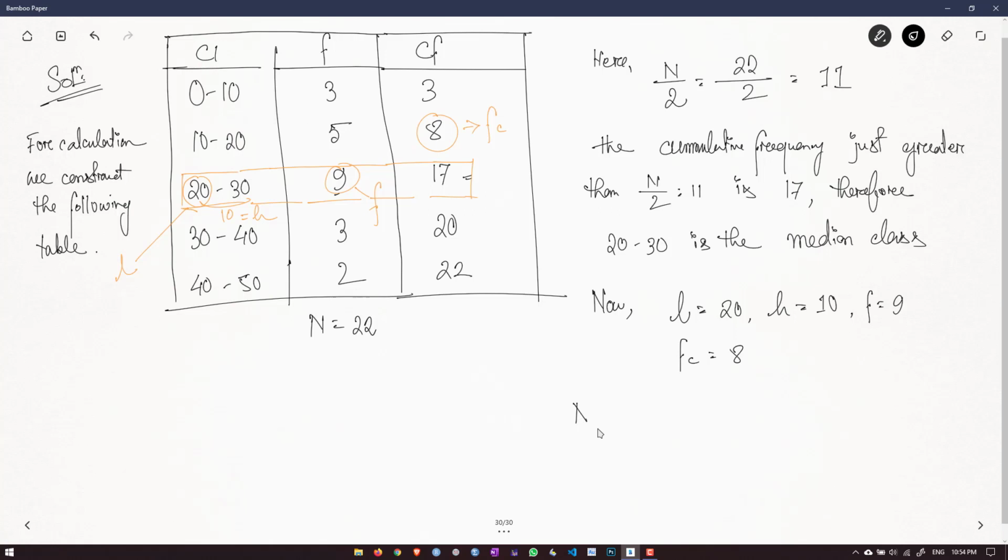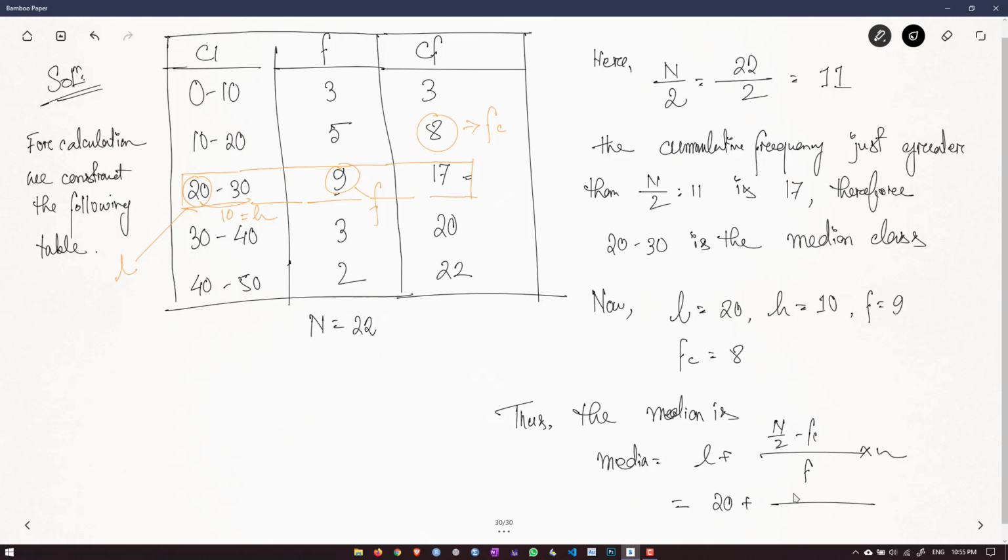right? Therefore, median is equal to, what is L? It is 20 plus, let me write down the formula. Thus, the median is equal to L plus (n by 2 minus FC) by F into H. What is the value of L?